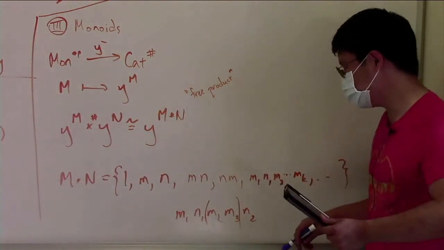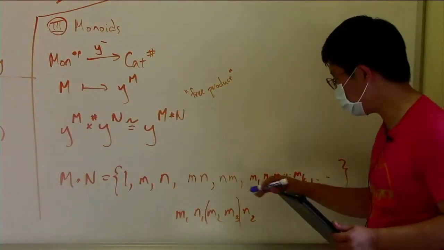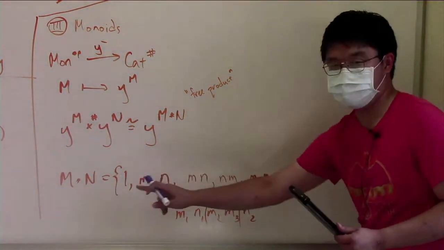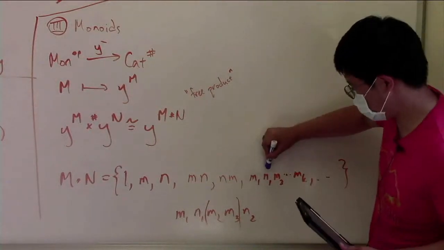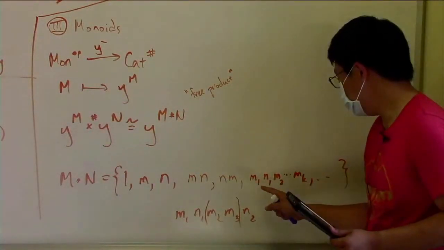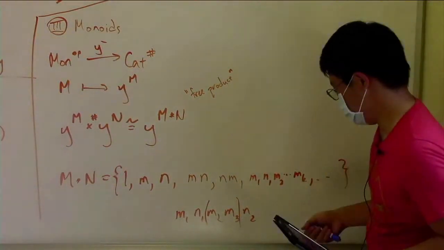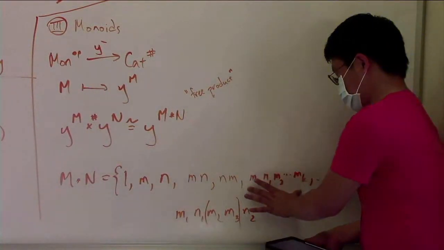And so, in fact, all of the possible elements of this coproduct are just going to be all of these alternating products of elements from M and elements of N. So maybe M1 times N1 times M2, maybe all the way to some M sub k. Of course, you could also start with N, or you could also end with N. And the way we multiply these together is, well, we just put them right next to each other.